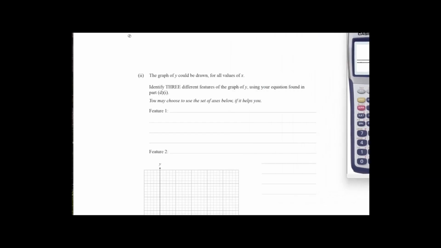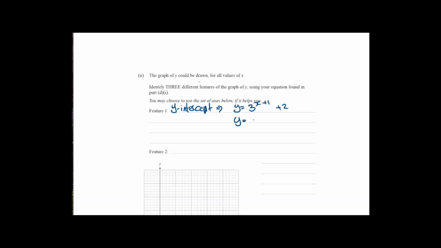So it's going to have that classic exponential bow shape, and it wants three features of that. So the first thing we would want to find is the y-intercept, because obviously there is one, and we need to know what it is. So if y equals 3^(x+1) plus 2, how do we find the y-intercept? We set x equal to 0 and solve for y.